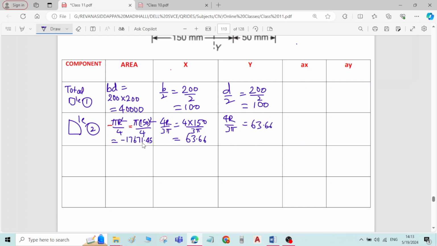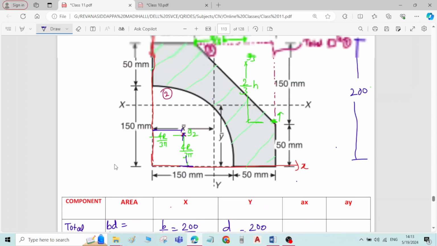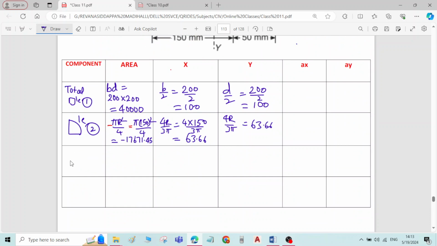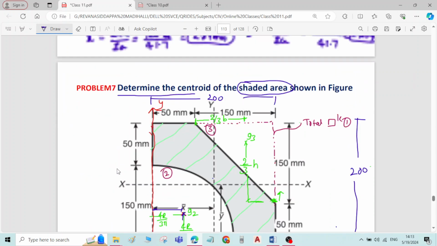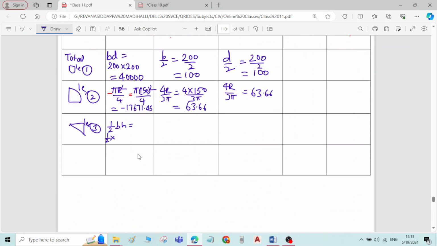Then coming to the third component, what is the third component? Right angle triangle 3. The formula for a right angle triangle is half into base into height, which is equal to half into base 150, height 150.